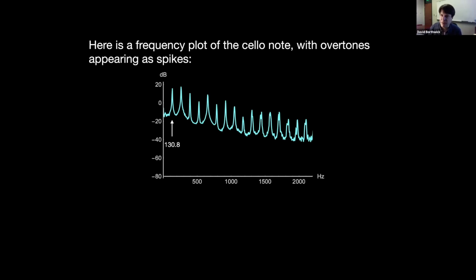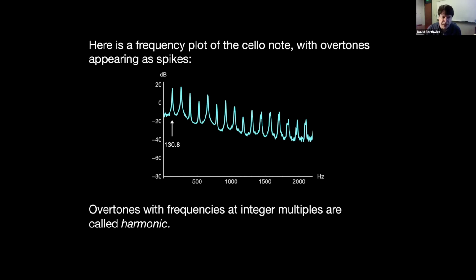So the next one is approximately 262, etc. They're all evenly spaced. That pattern of evenly spaced overtones is called harmonic. So these are harmonic overtones. Sometimes they're just called harmonics, but really they're overtones, and they're harmonic because they're evenly spaced.